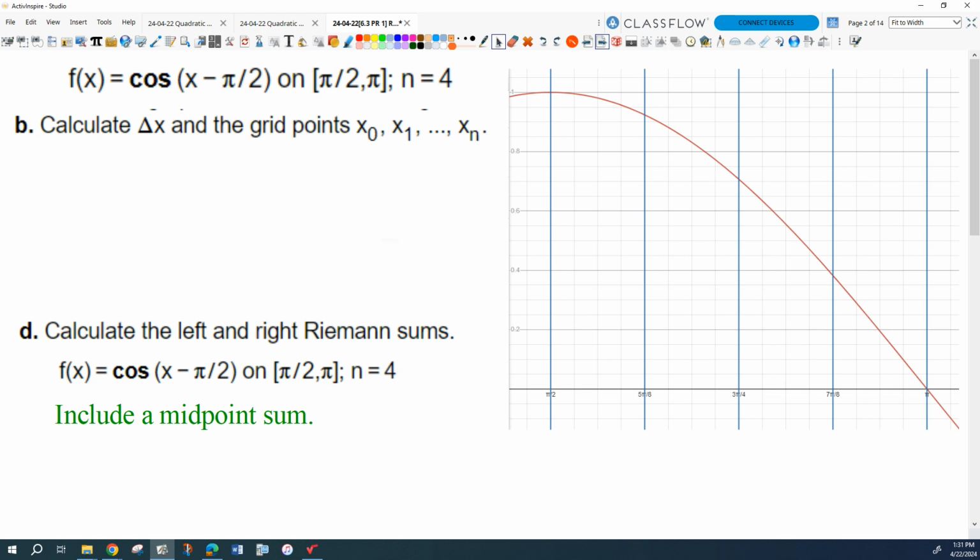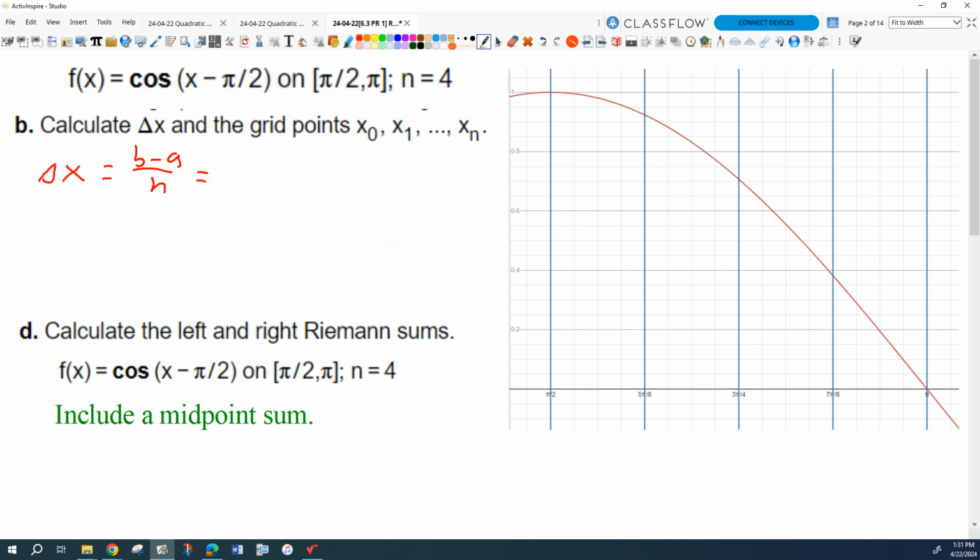So if n equals 4, what does that make delta x? How would I calculate it? Let's always start general. What's our formula for delta x? In terms of b's and a's and n's, what is it? b minus a over n, sure.